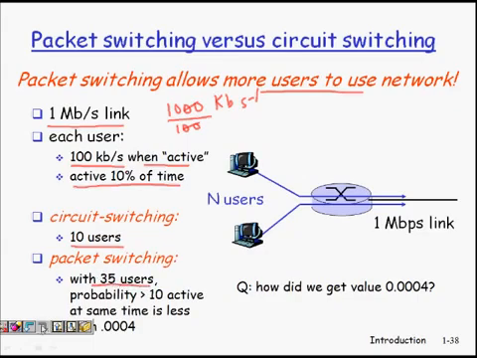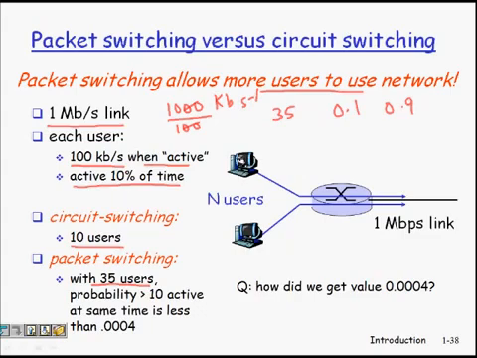Now it is asking: what is the probability that more than 10 users are active at once? Okay, so let's try to see. 35 users are there and the probability of being active is 10% or 0.1. The probability of being non-active is 0.9.